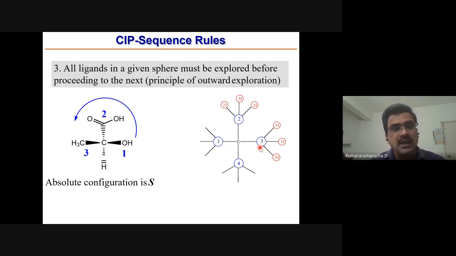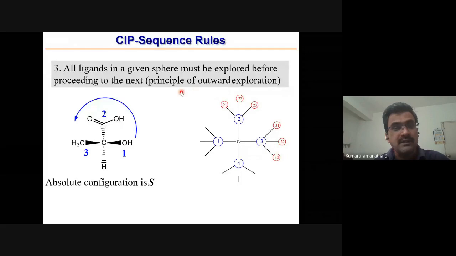Now, if you have something like this: OH, CH2OH, or COOH and a methyl group. In this case, all the ligands in a given sphere you should explore first before going to the next sphere. That is, you should follow the principle of outward exploration.